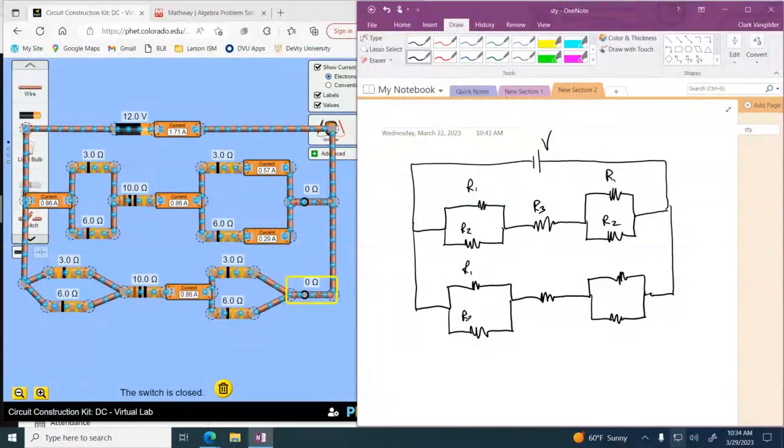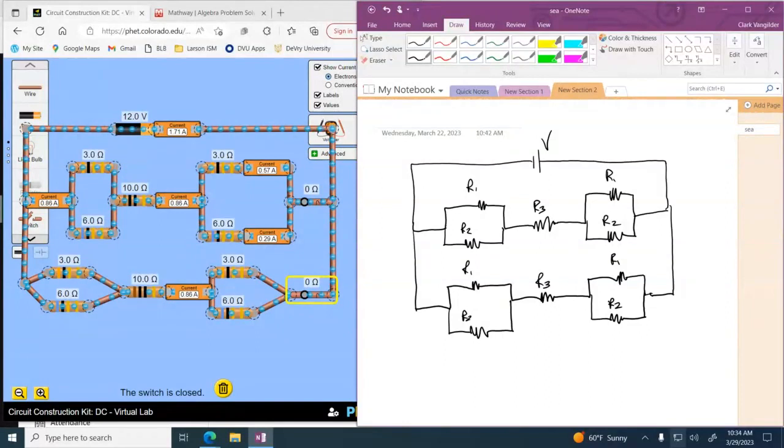So these parallel branches are identical to one another. And we could have three different resistor values. I guess we could let them all equal each other too, but just making that distinction. And so this circuit can be reduced.